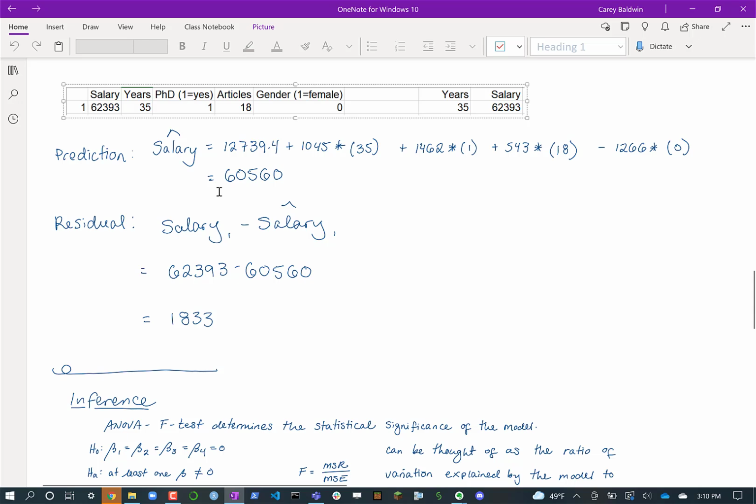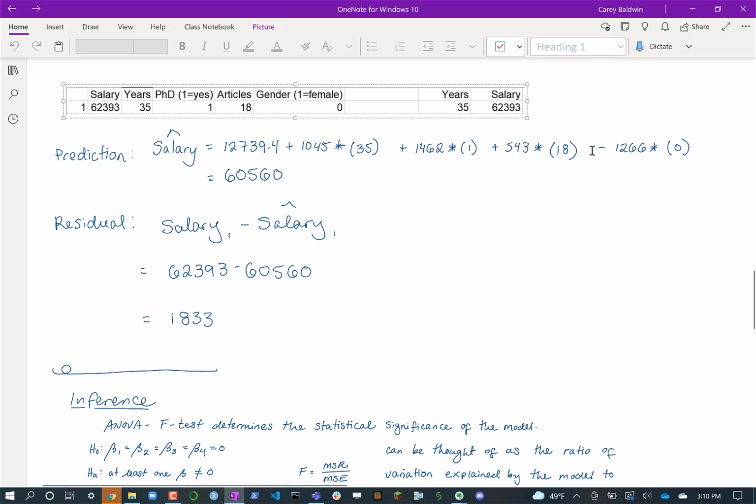To predict the salary, we would plug these values into the regression model that we just wrote above. And this calculates out to be 60,560. So that's the predicted salary for this particular individual.